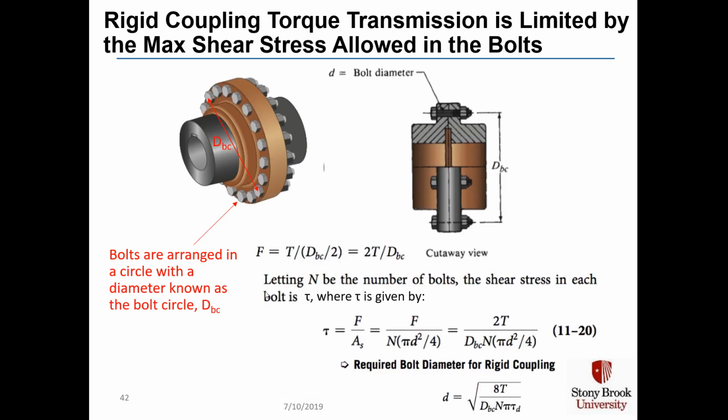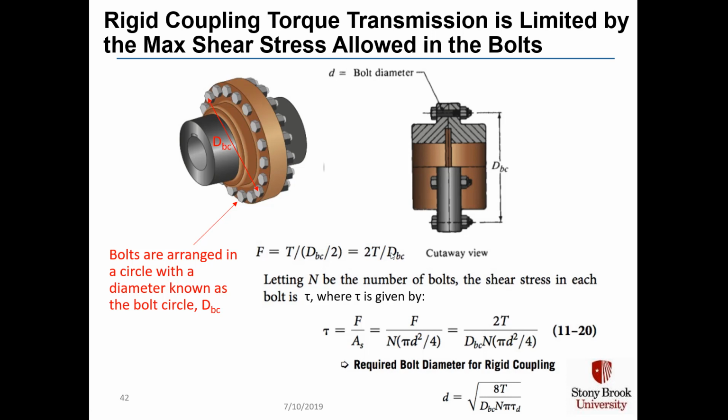A rigid coupling's torque transmission is limited by the max shear stress allowed in the bolt. And in a rigid coupling, we arrange an even number of bolts in a bolt circle, diameter d sub bc, bc is for bolt circle, and the shear force on the bolt circle is equal to the torque applied to the shaft divided by the bolt circle diameter divided by 2, which is just 2 times the torque over the bolt circle diameter.